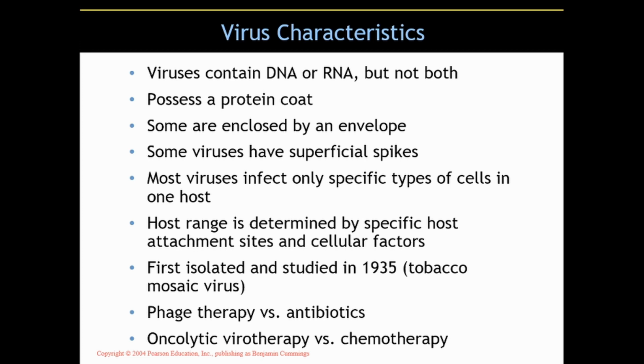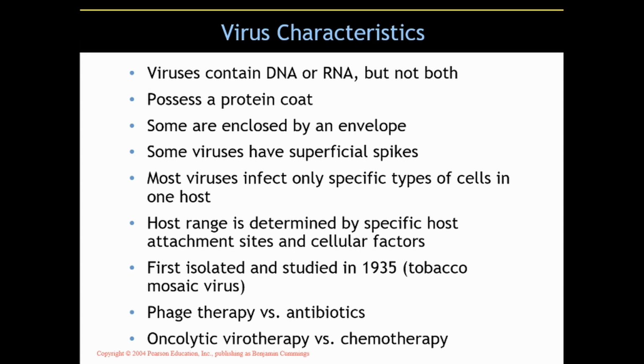There need to be specific attachment sites for those spikes to attach to. Then, through a type of endocytosis, similar to receptor-mediated endocytosis, the cell basically takes the virus in because the keys go into the lock, and the virus is taken into the cell.